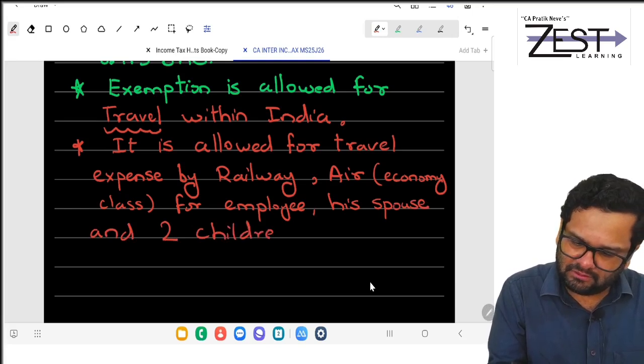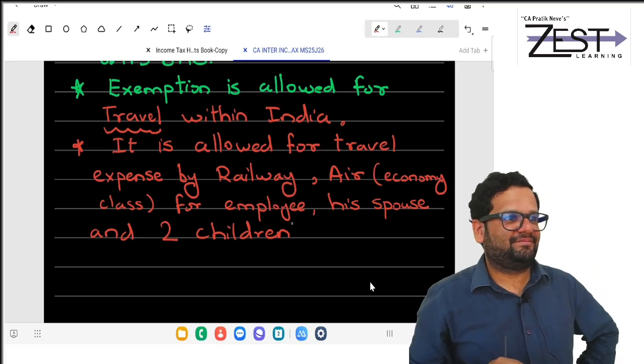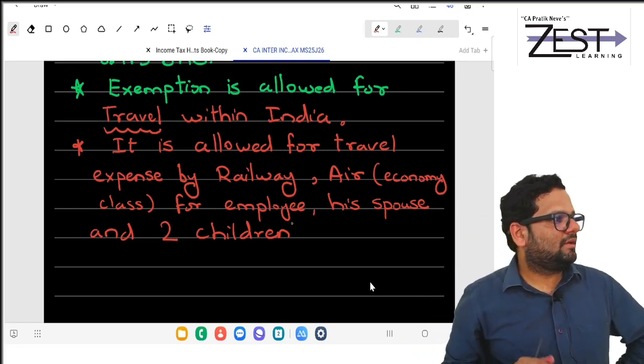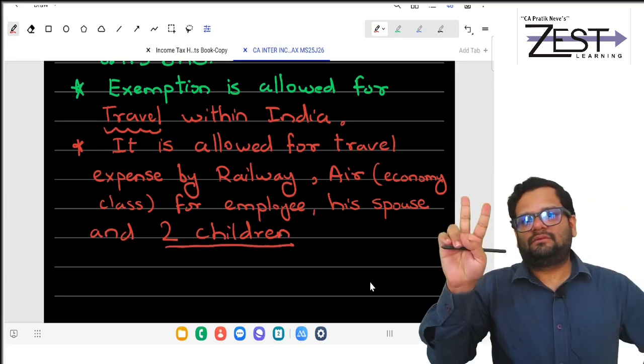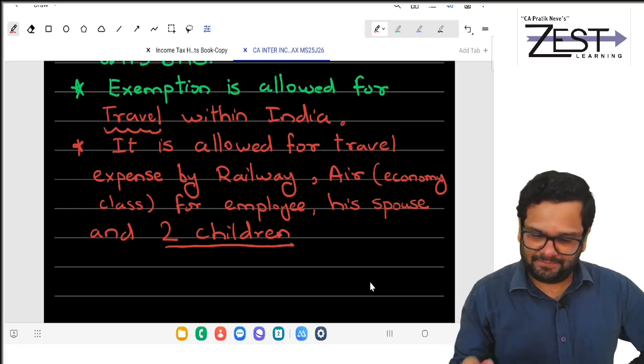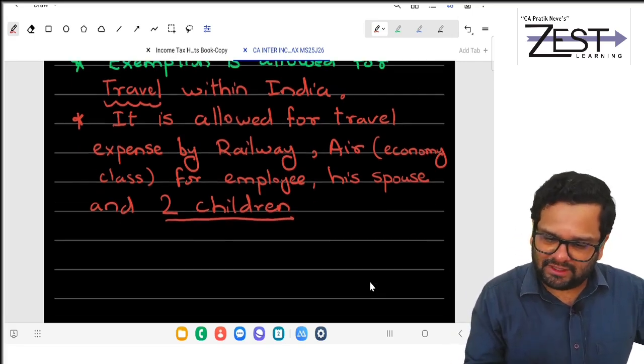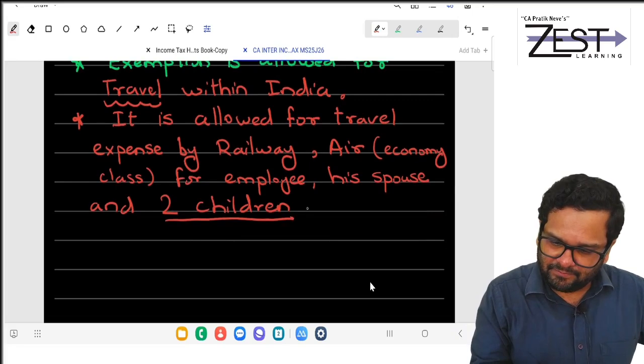How many? Two children. Got the point? Only for two children. Remember that. It is allowed for travel expense by railway, air.